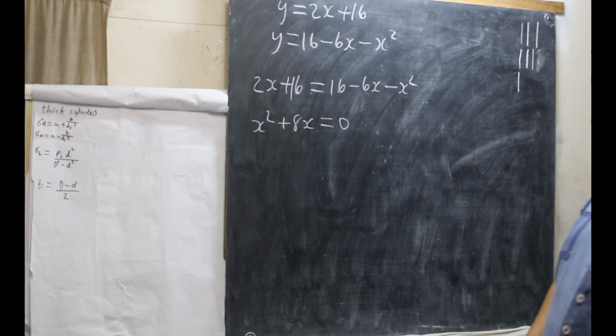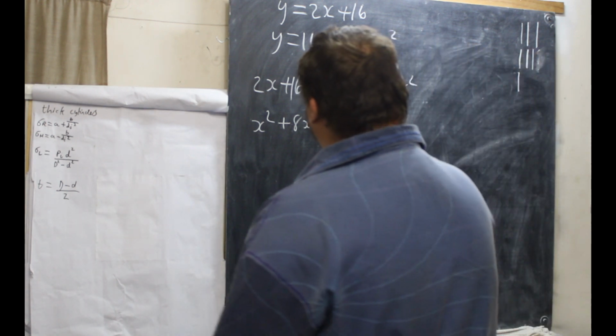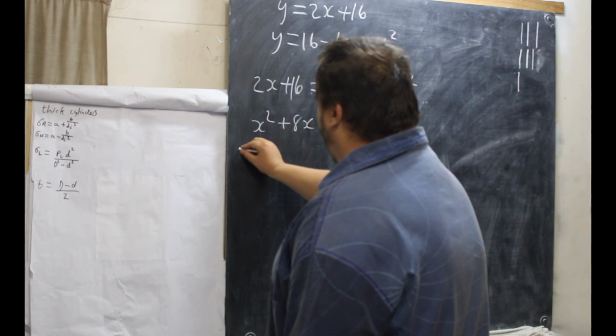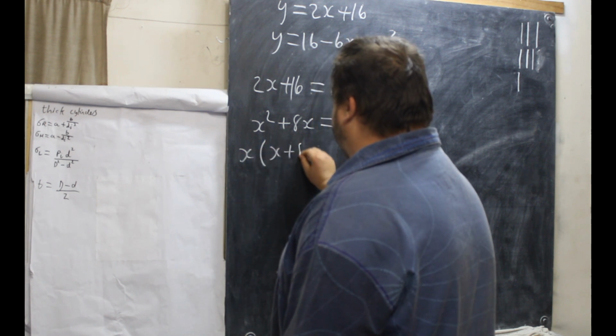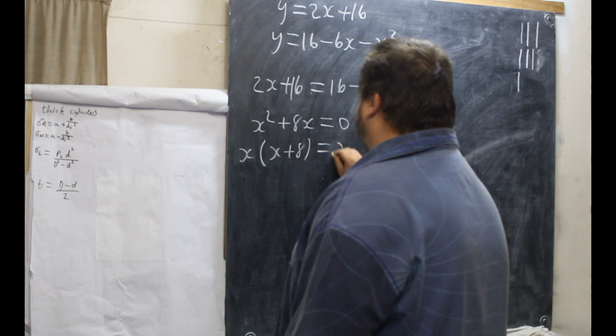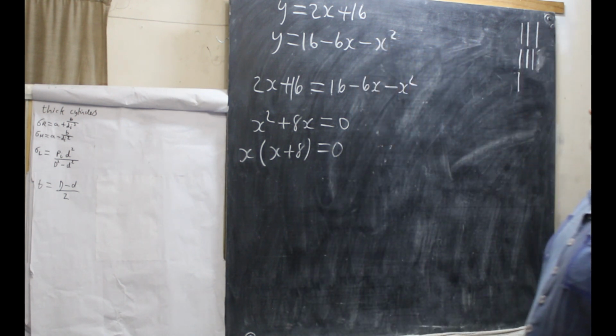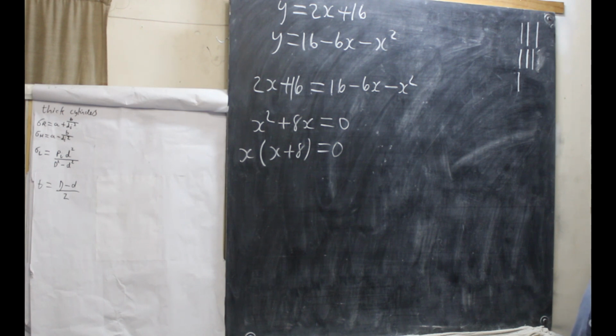Now we've got x squared plus 8x equals 0, and we've taken out a common factor of x.